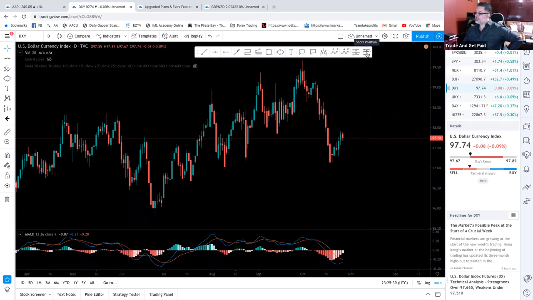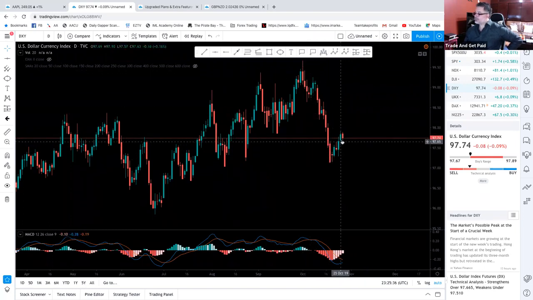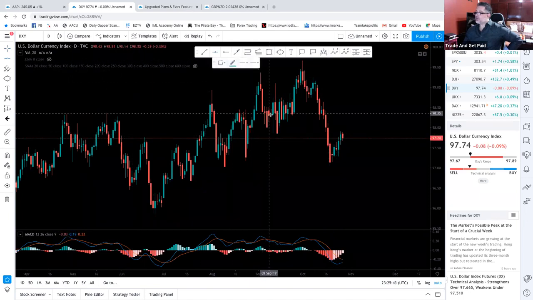So let's say I'm looking for this move right here that is retracing now. I'm anticipating that it is going to hit structure somewhere around here. Let's say, I mean, it's probably not accurate. Let me move it over here.